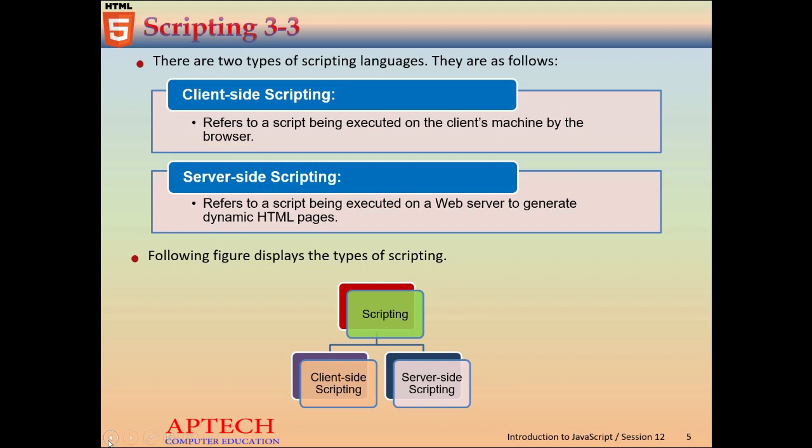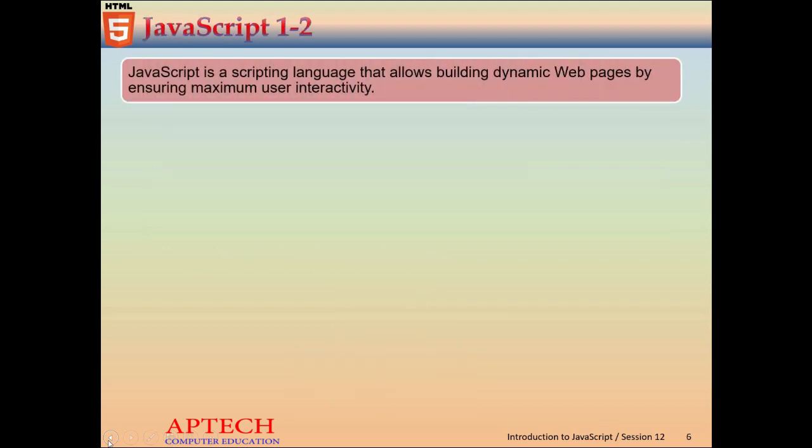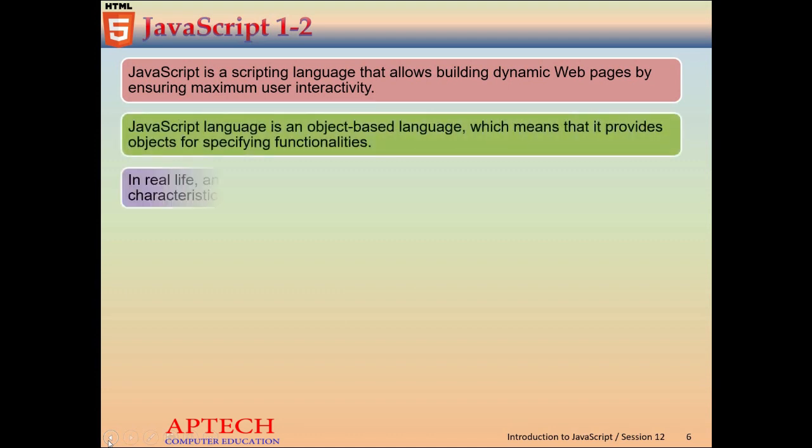The client-side scripting may be JavaScript that is executed on the client machine. Server-side scripting may be PHP, ASP, JSP, Ruby, and so on. So we'll start with the client-side scripting language, JavaScript.